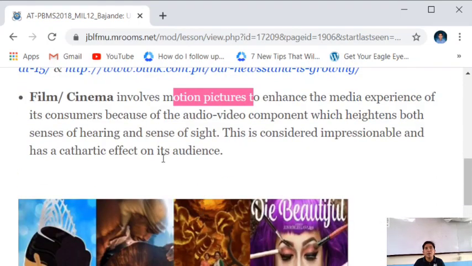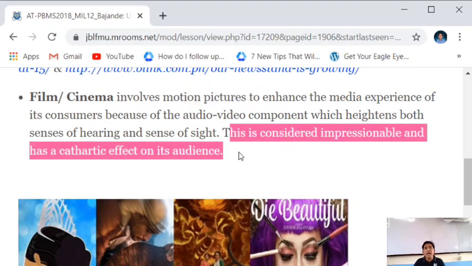So this is what we call. This is considered impressionable and has a cathartic effect on its audience. Mga makita cathartic effect class, though may gapabilin, malakas nga lesson, okay? Though may mga realization ikaw nga ma-learn about it, about sa mga video mo nga ginalantaw, right?